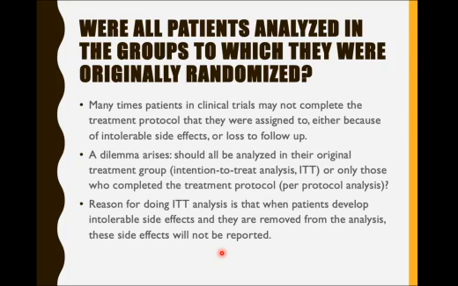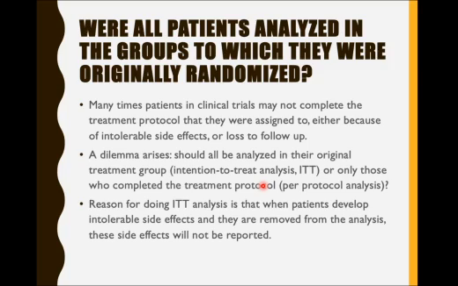Now, sometimes some patients in clinical trials may not complete the treatment protocol they were assigned to, either because of intolerable side effects or loss to follow up, or even a change in the treatment assignment. So for example, the physician decided to change the treatment allocation.